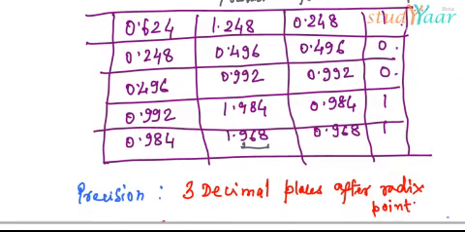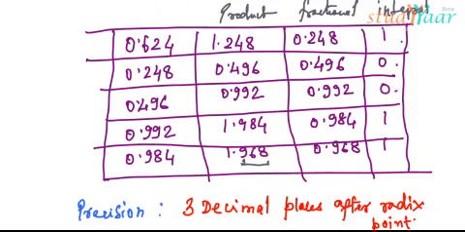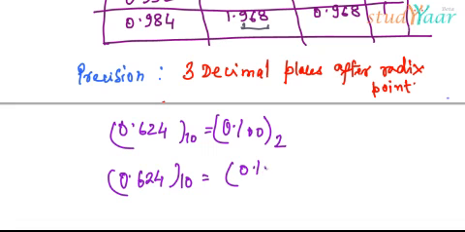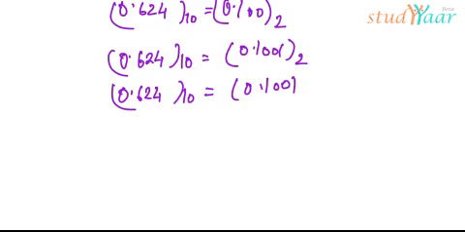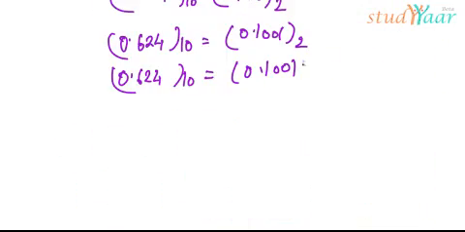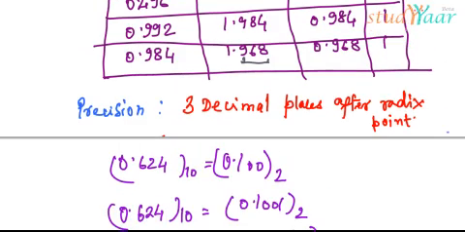If I wanted a precision of 4 places after the radix point, I could take the first 4 integers and write 0.1001. Similarly, if I wanted 5 decimal place precision, I would write it as 0.10011. In this way I can go on proceeding until I get my required precision.